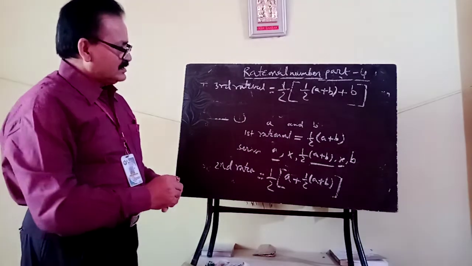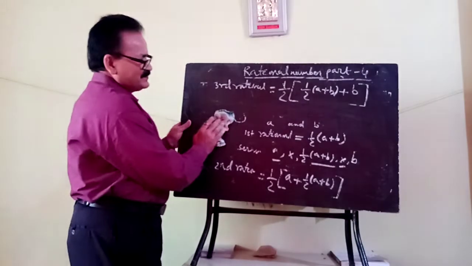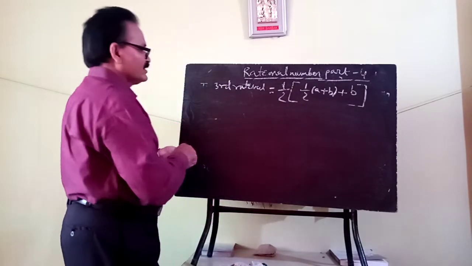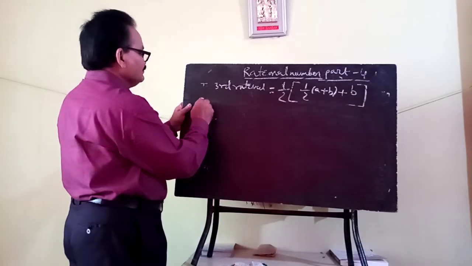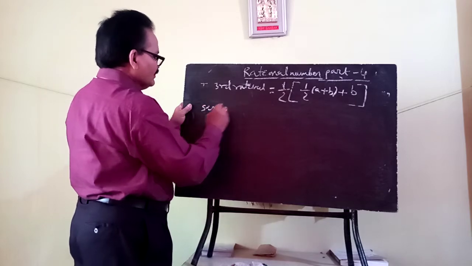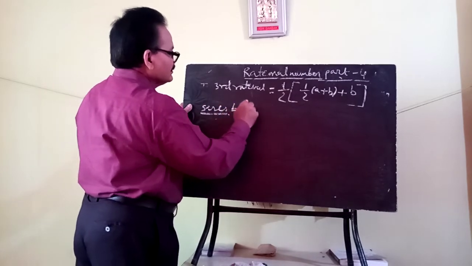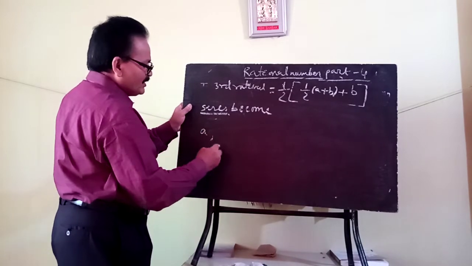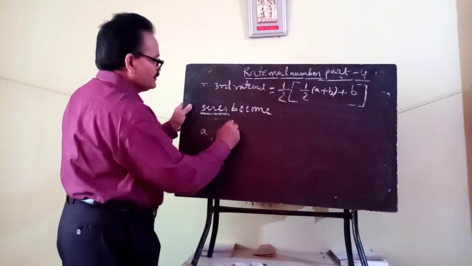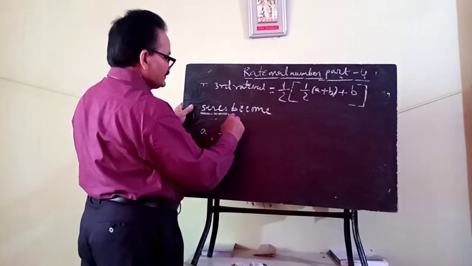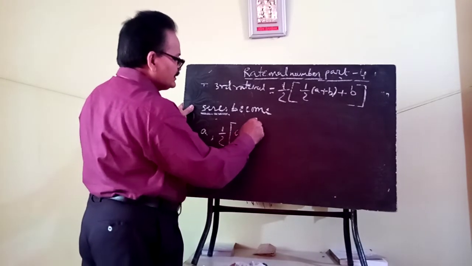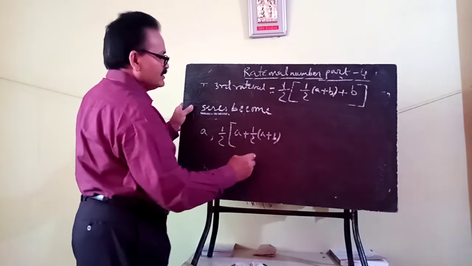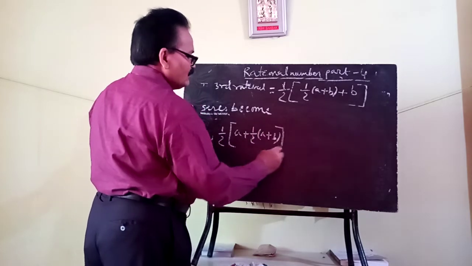Now the series becomes, in sequence, A comma half of (A plus half of A plus B), bracket close.